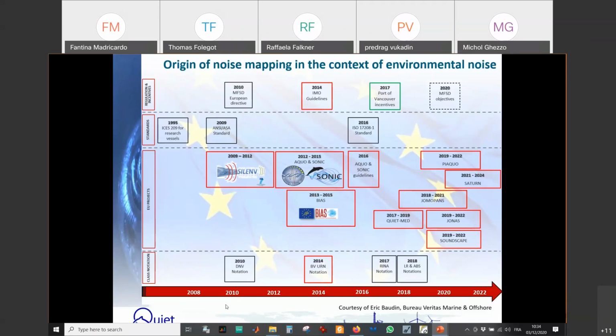And we started to do our first maps in 2009. It has really picked up during the Aqua project in 2012 to 2015, where we really developed Quonops. That's where we developed and validated the Quonops system platform.